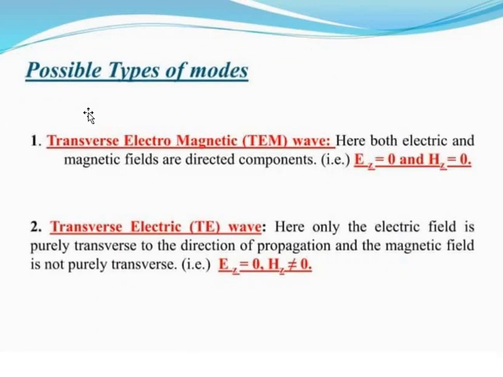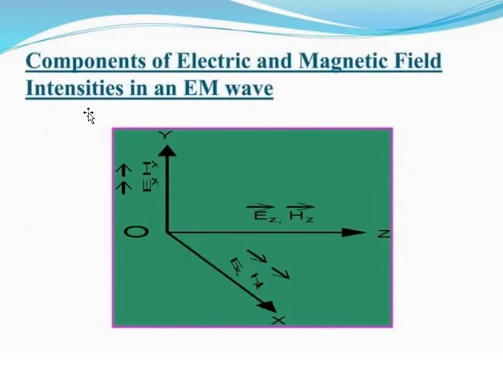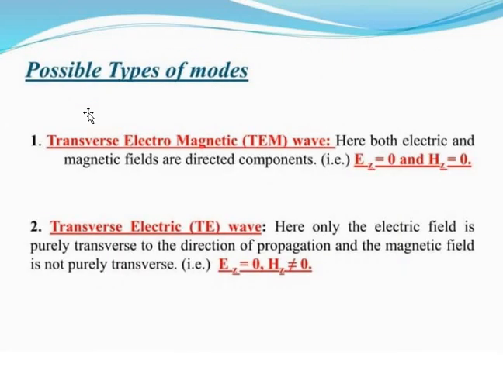And there are different types of modes, which are TEM mode, TE mode. What is TEM mode? Transverse electromagnetic wave mode, in which the electric component and magnetic component, both are kept zero, which is transverse electromagnetic wave.